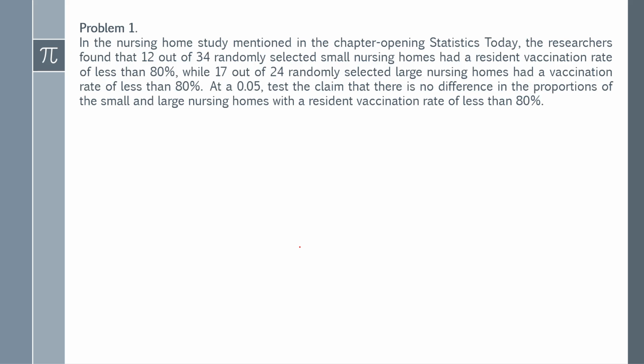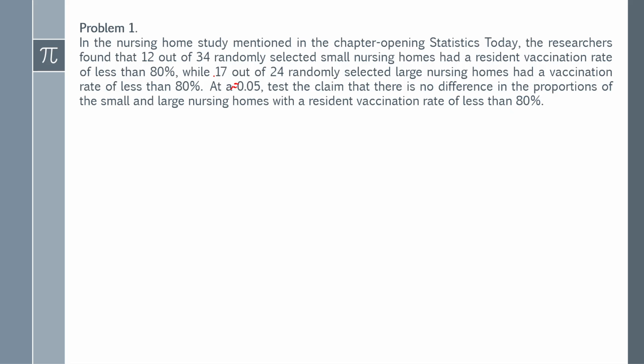At alpha 0.05, test the claim that there is no difference in the proportions of the small and the large nursing homes with resident vaccination rates of less than 80%.